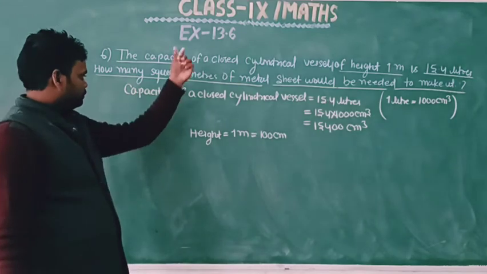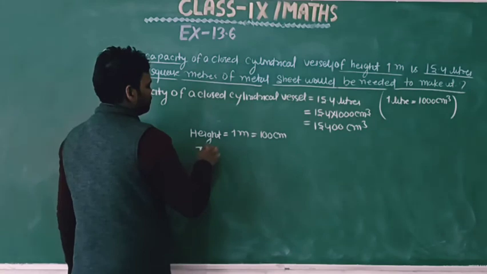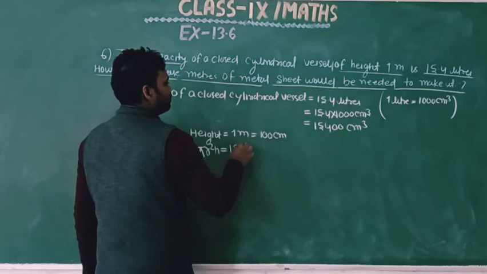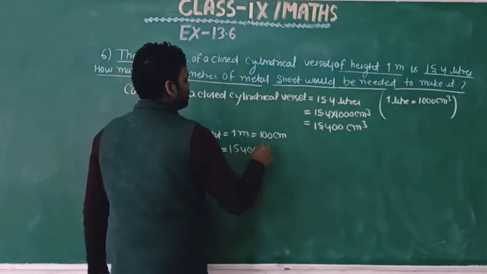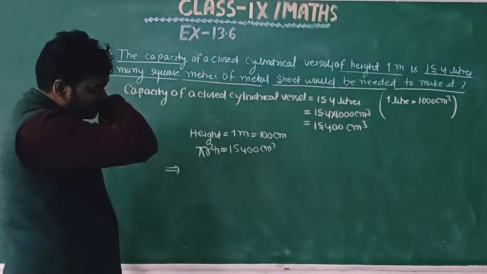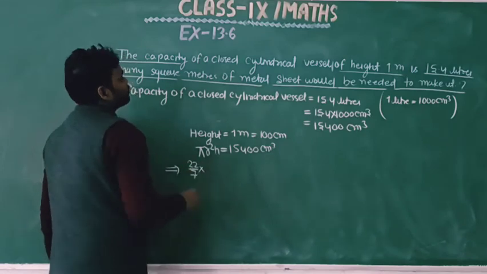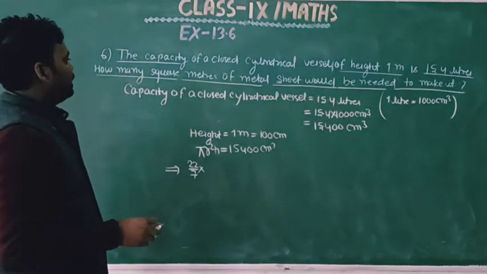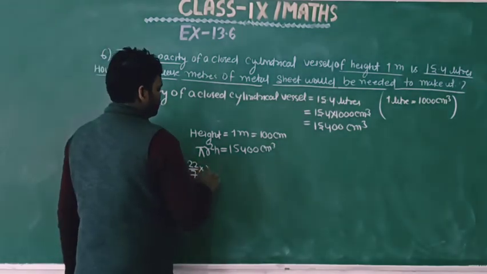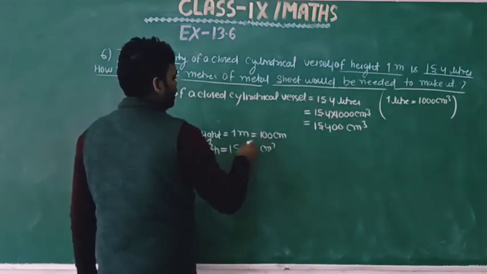So the capacity of the closed cylindrical vessel is pi r square h, so pi r square h equals 15400 centimeter cube. The value of pi here is 22/7, radius is not given, so this is r square, and h is 100 centimeter.